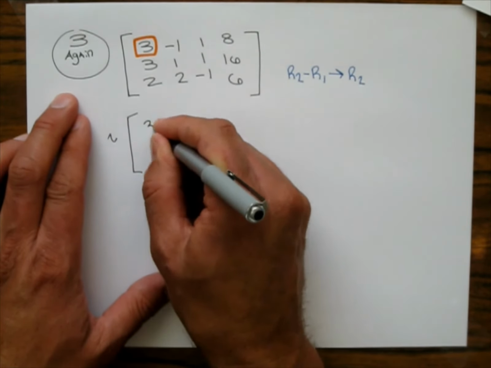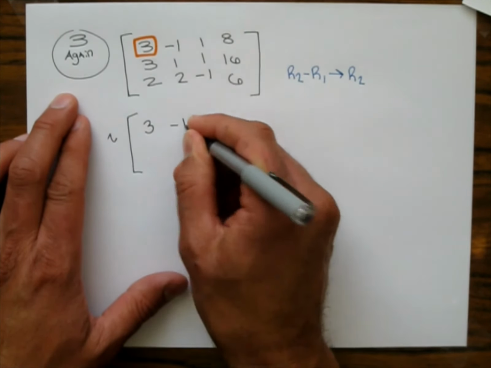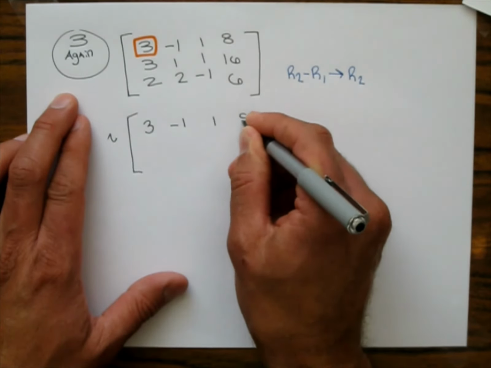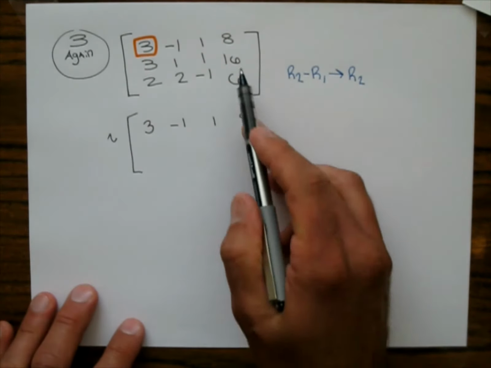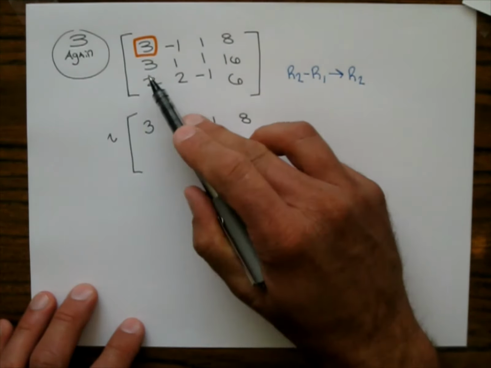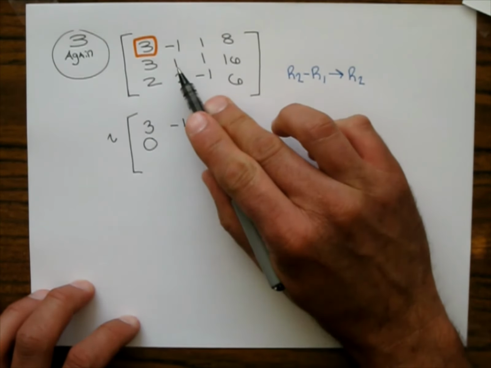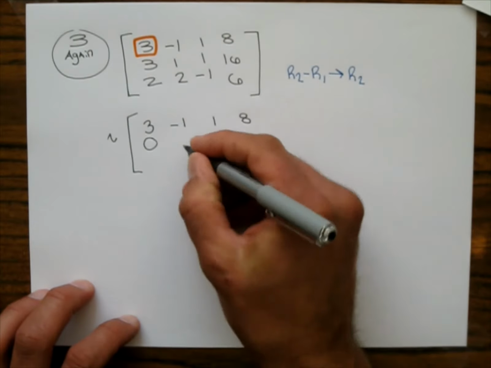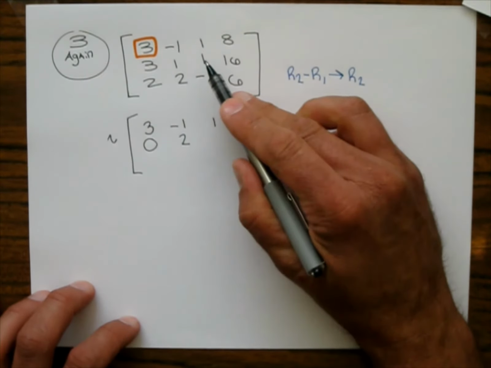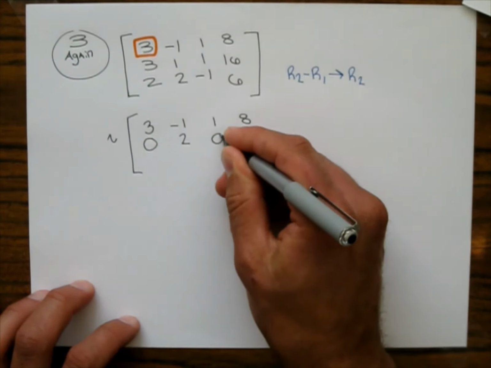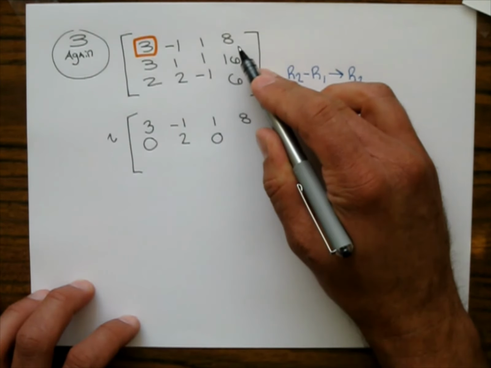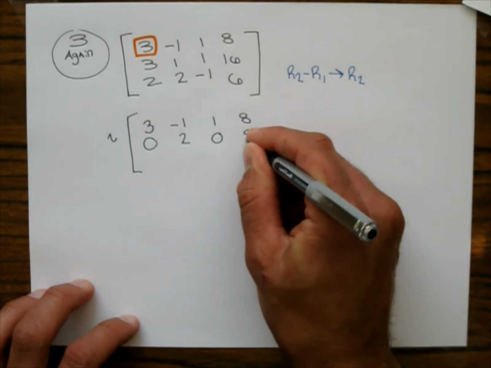I like that for row 1: 3, -1, 1, 8. I don't want my row 1 to have a 16 in it. And I'm going to go ahead and subtract. So I have 3 minus 3 is 0. 1 minus a -1 is 2. And then we have 1 minus 1 is 0. 16 minus 8 is 8.